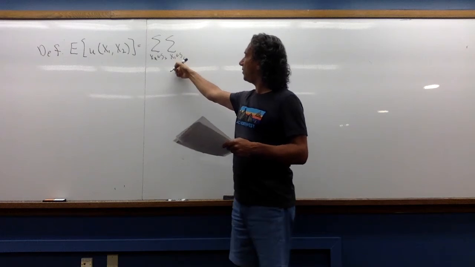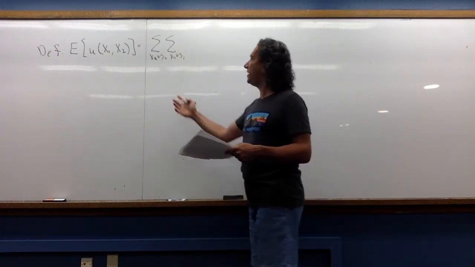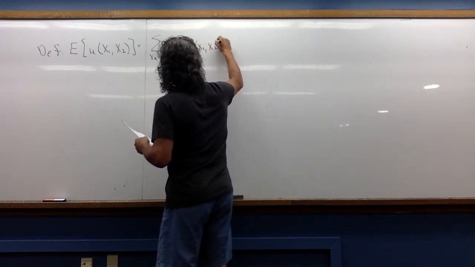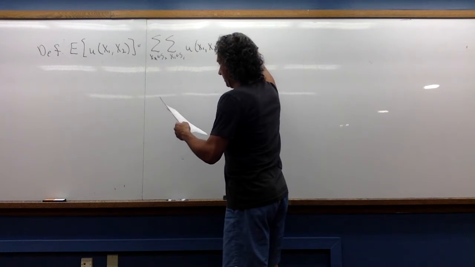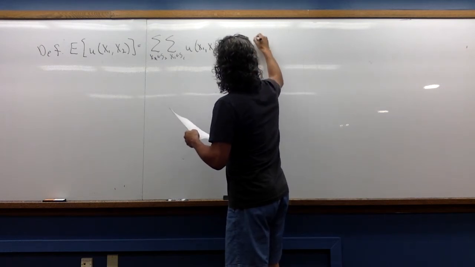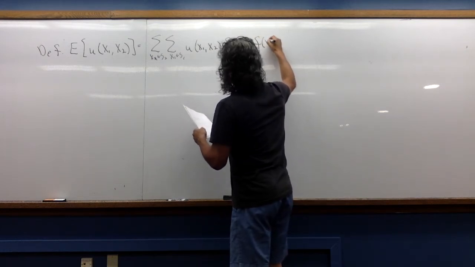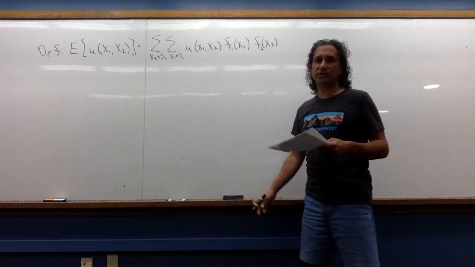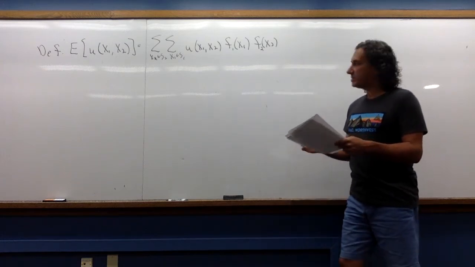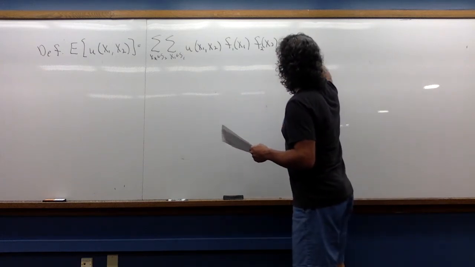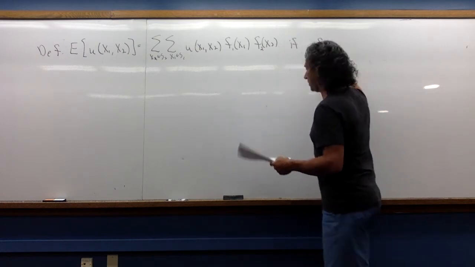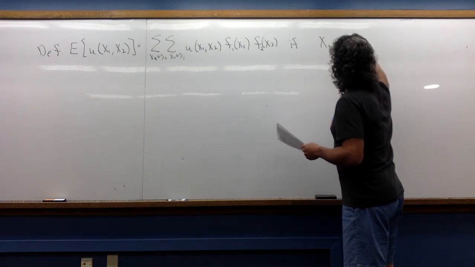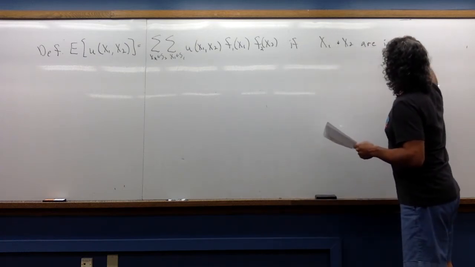So I'm summing over all the x1s in S1, all the x2s in S2, u of x1, x2 times f1 of x1, f2 of x2, and actually let me give these guys subscripts because they could be different functions. So this is how it's defined if x1 and x2 are independent.